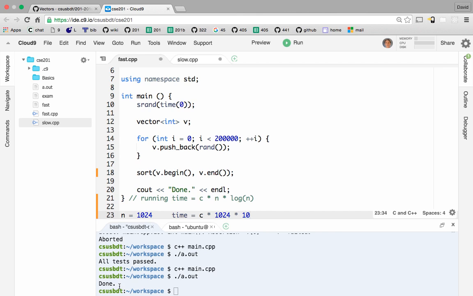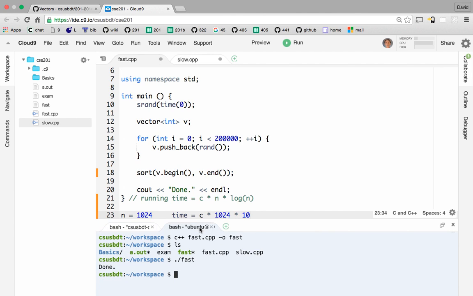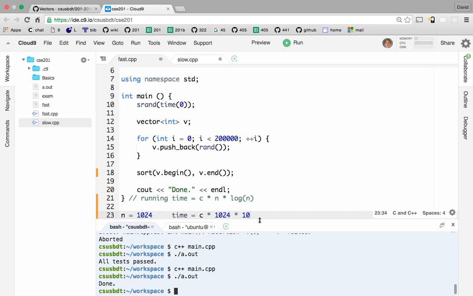Did you just see that? It just finished. Did you see that? That just finished. Just to show you the difference, I'm going to run fast one more time. Look at that. I didn't even lift my finger up off the key before it printed done. That is amazing. The difference is phenomenal.